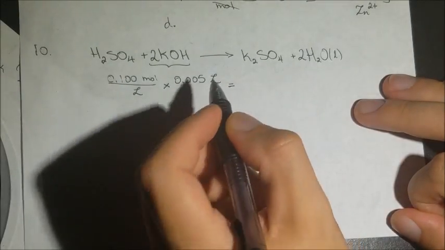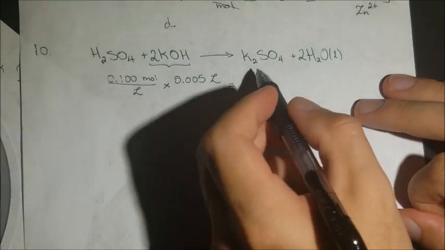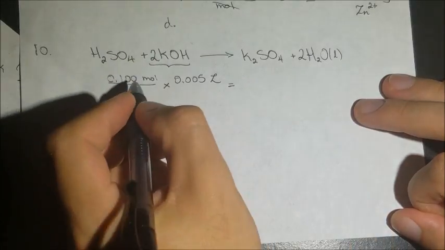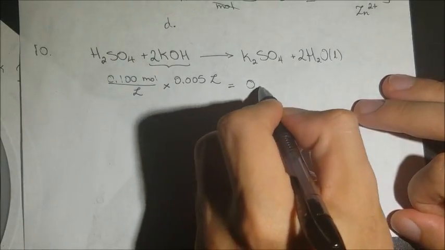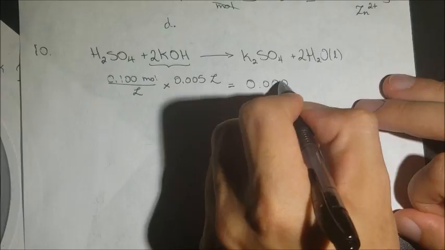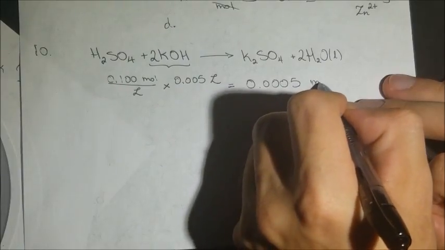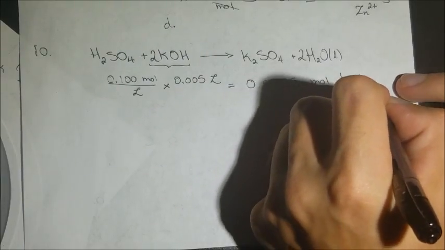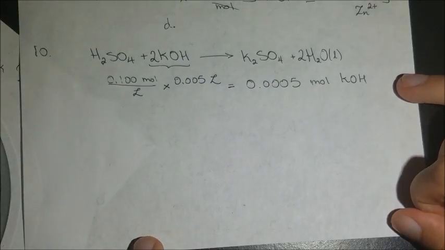So what this means is that the number of moles of KOH is 0.0005. Okay, so that's how many moles of KOH we needed in order to neutralize this acid.